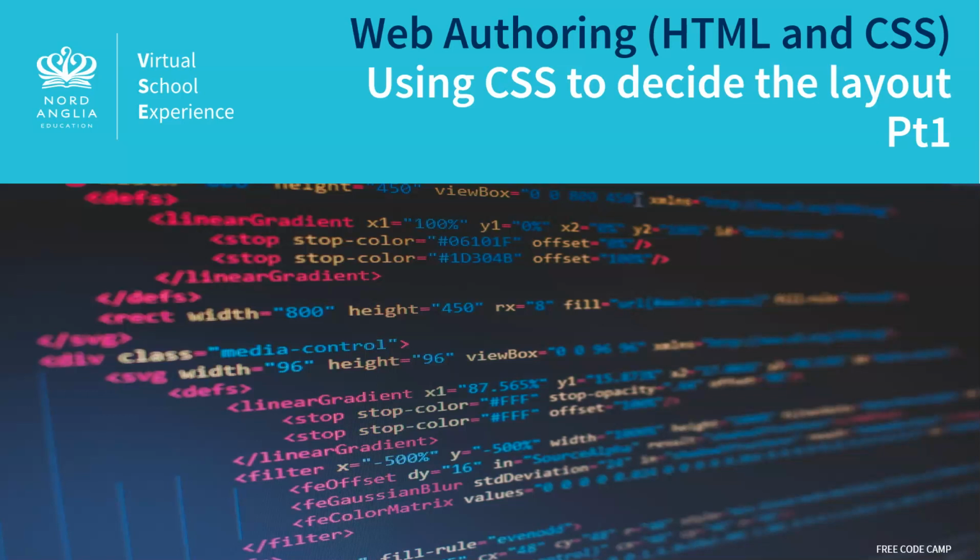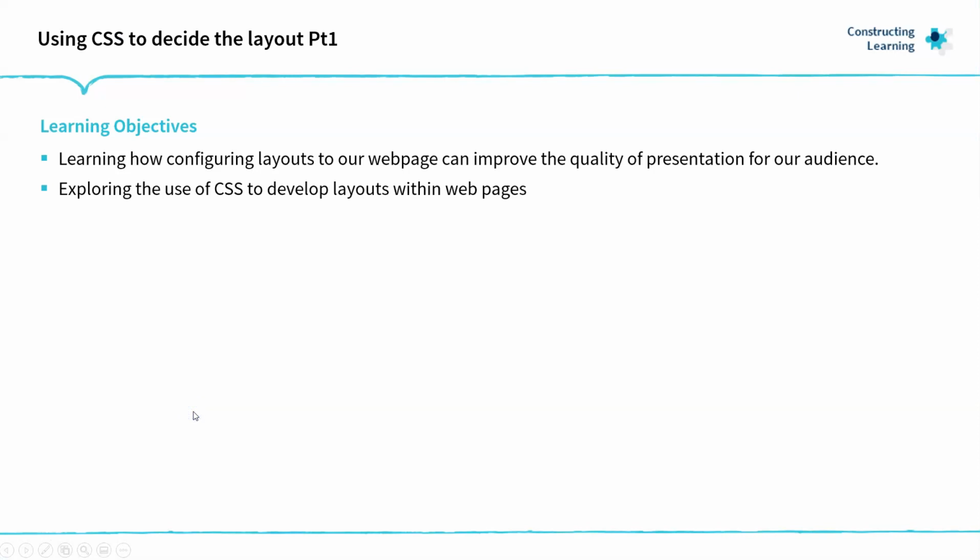This is where styles can come into it, where you can change the layout of that web page to make it much more interesting and improve the quality of the presentation for your audience. We're going to look at how to configure that layout, and explore the use of CSS to develop the layout within those web pages.